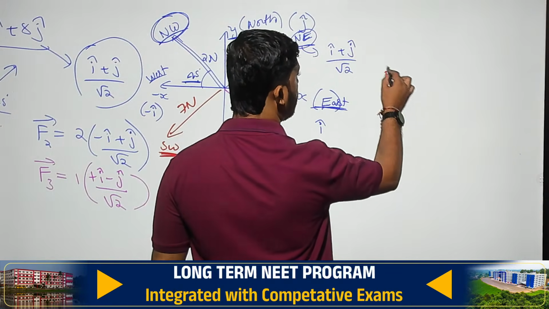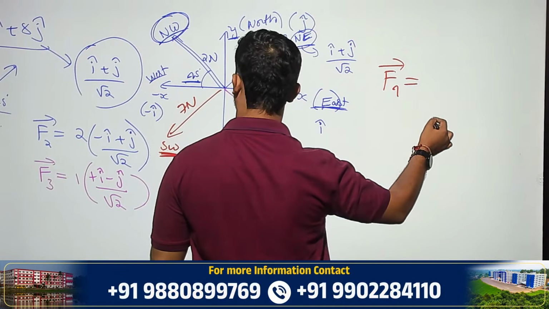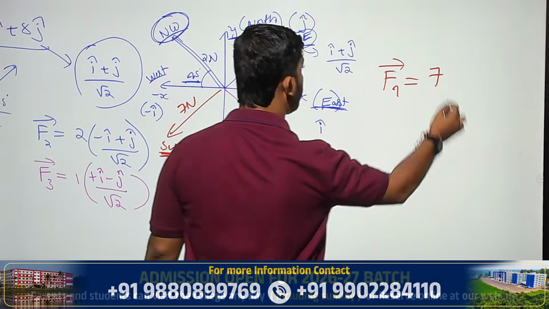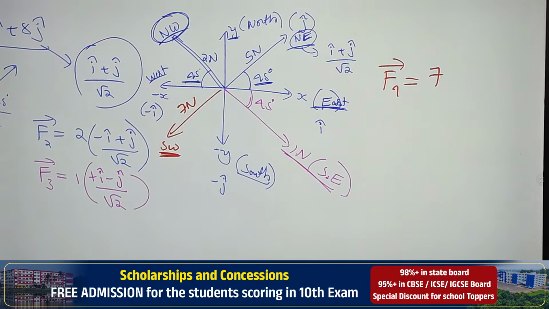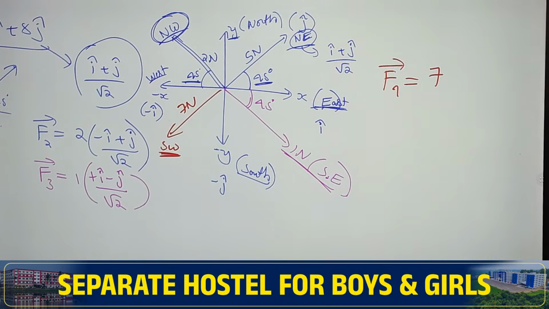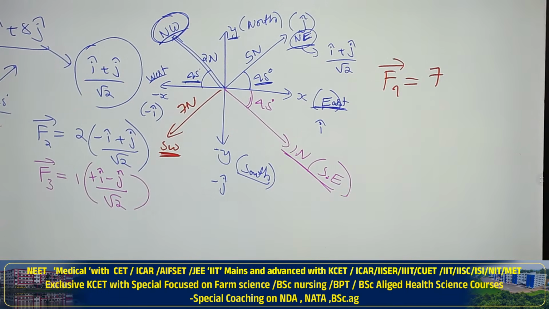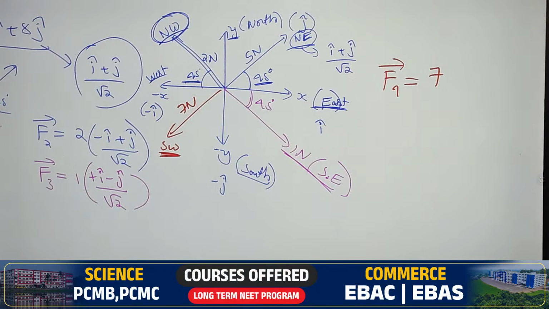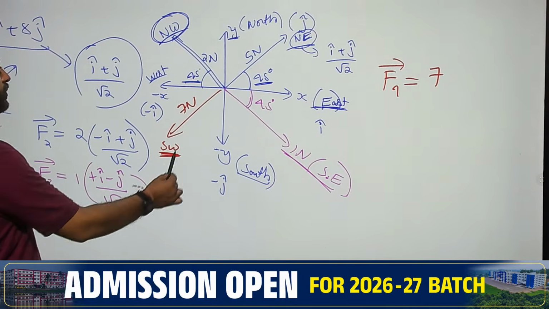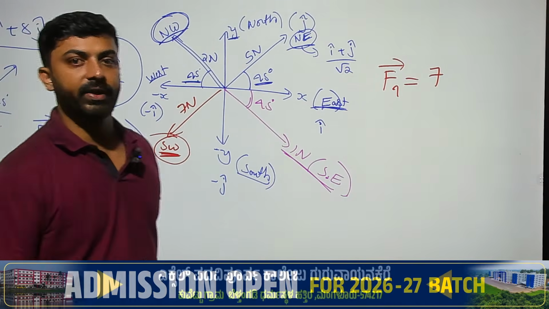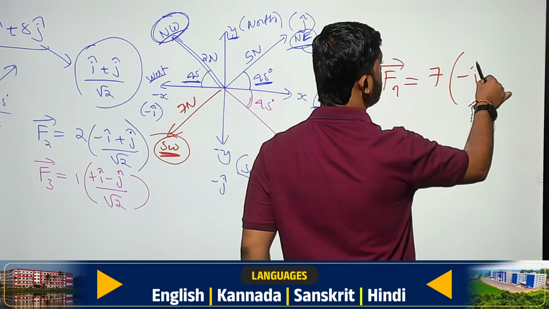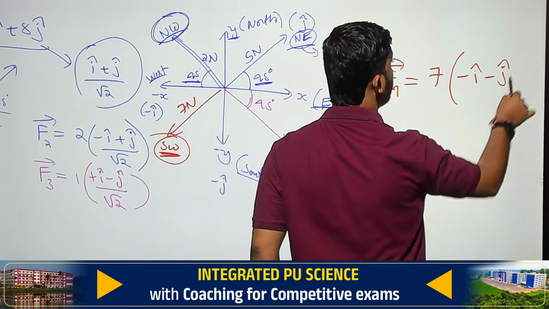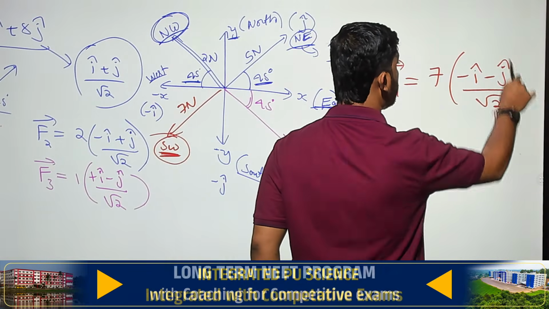Therefore, the fourth force has a magnitude of 7 Newton, acting in the southwest direction. For the southwest direction, what is the unit vector? It is minus i minus j divided by root 2.